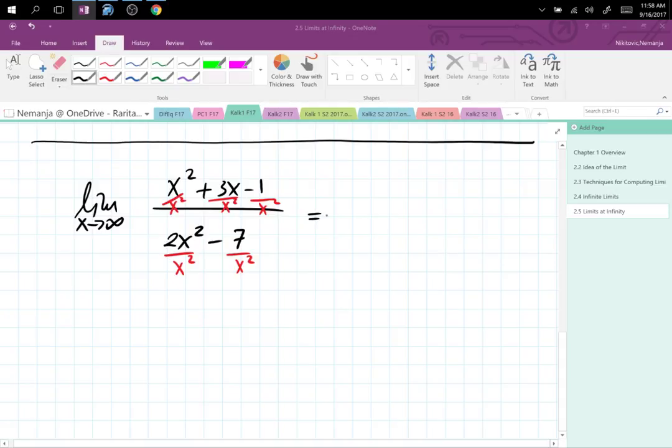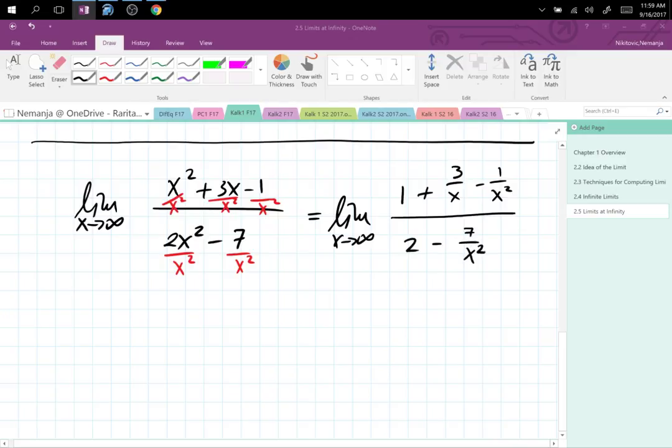When we simplify, we get 1 plus 3 over x minus 1 over x squared divided by 2 minus 7 over x squared.